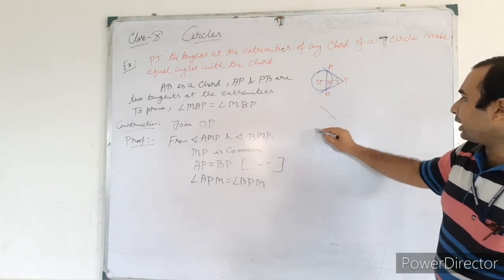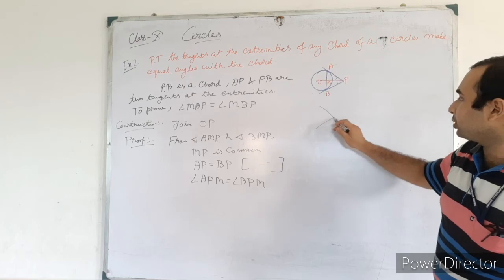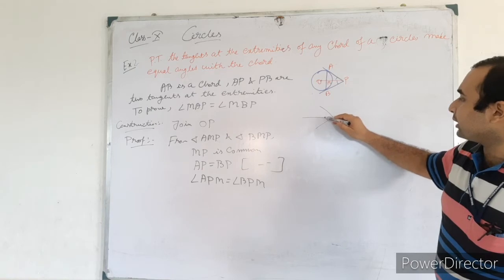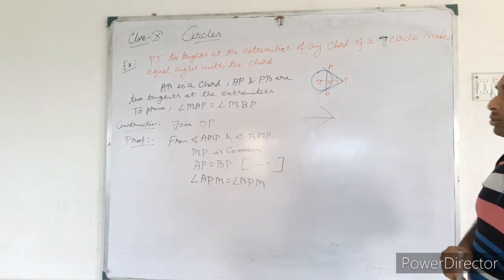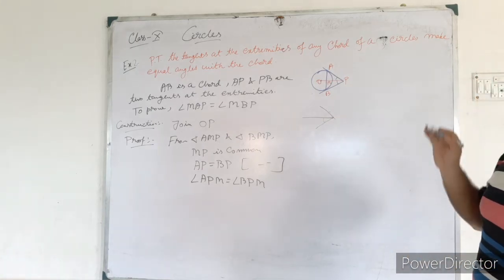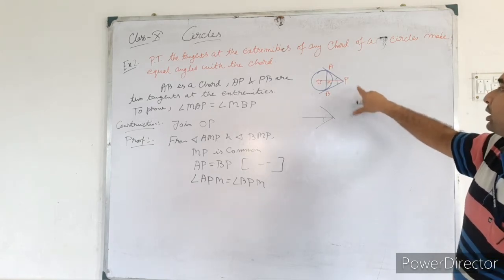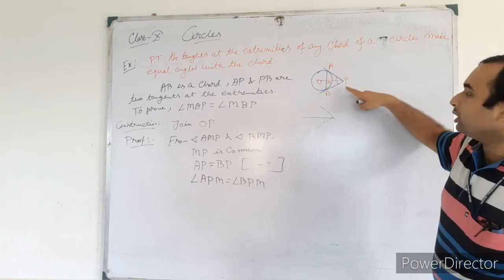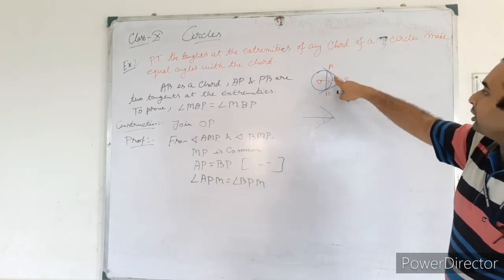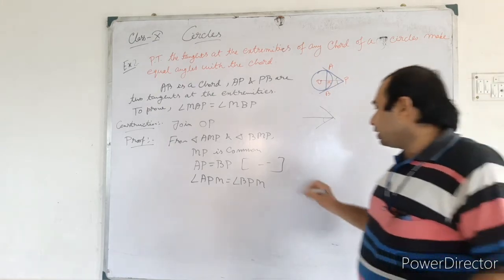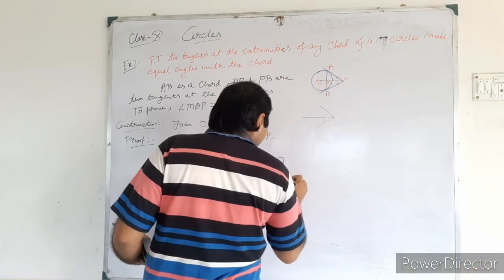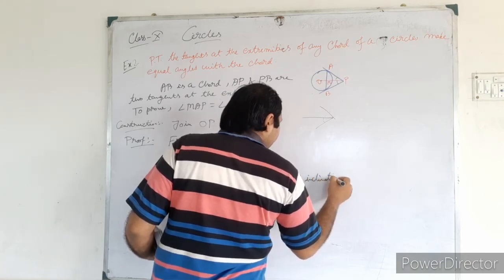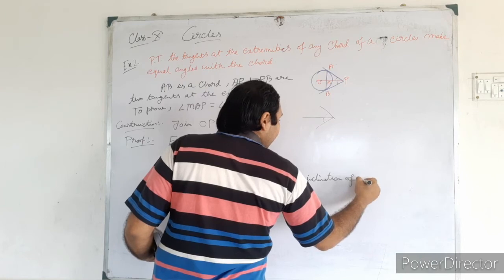If the inclinations are the same, then obviously those two angles will also be equal. So for the equal inclination of the tangents, those two tangents are equally inclined on the line OP. That's why we can take this angle equal to this angle. I am writing here: equal inclination of tangents on OP.